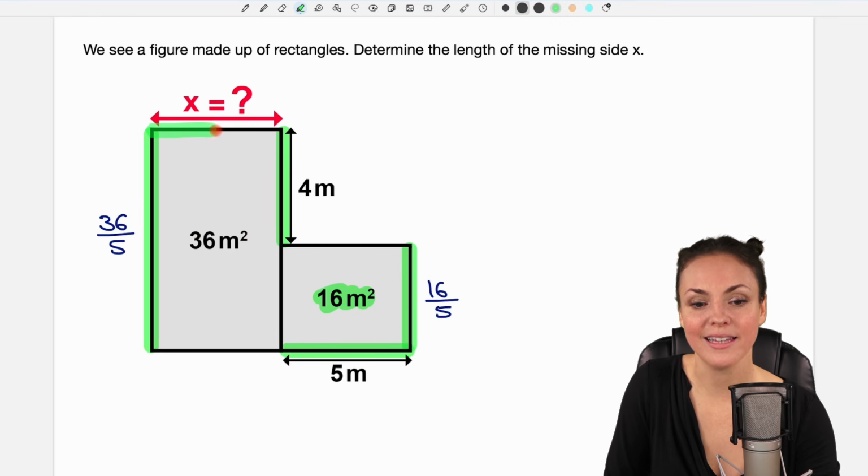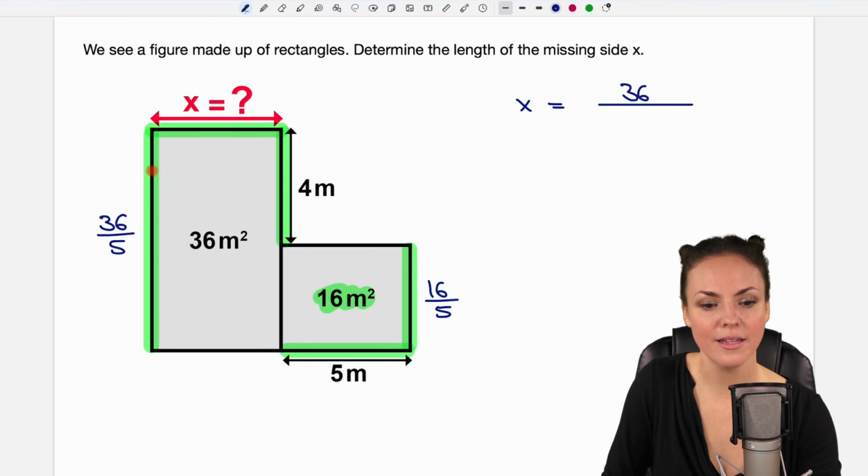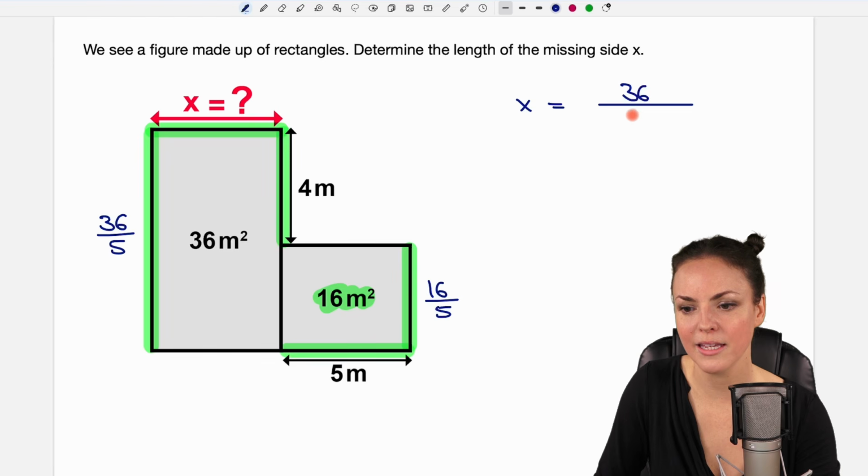We want to find the length of the missing side x, and we can do that now the same way we did it here. So to find x, we take the area of our rectangle, the 36, and divide it by the length of the side, by 36 over 5.